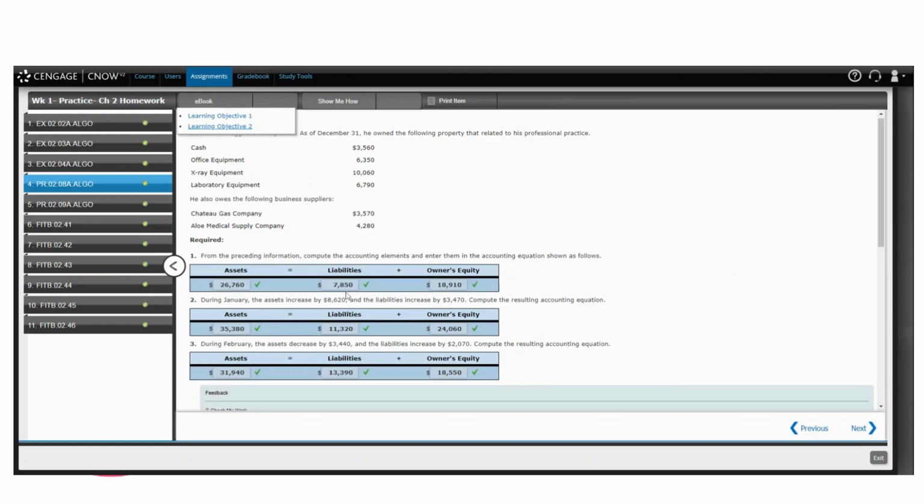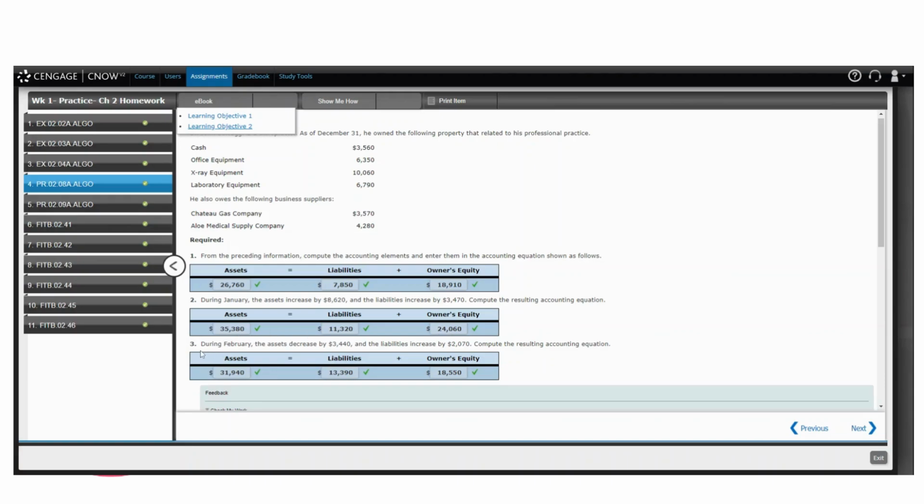And then I'm going to take 7,850 plus 3,470, and that gives me my new liability amount of 11,320. And now I know 2 pieces of the accounting equation. I can always subtract them and figure out owner's equity. So 35,380 minus 11,320 gives me 24,060.